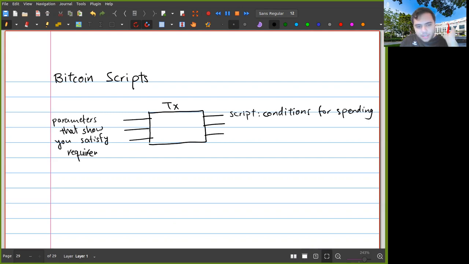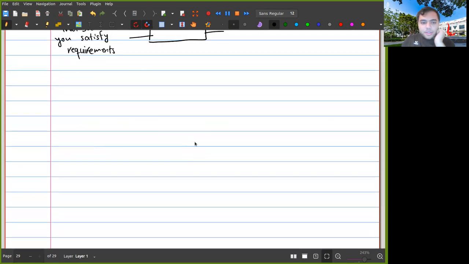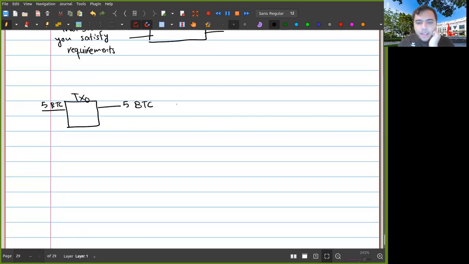So let me give you an example of this. I might have a transaction 0 that has, let's say, 5 Bitcoins here, and then creates an output, and this is also 5 Bitcoins. But the condition for spending these 5 Bitcoins can be more complicated.